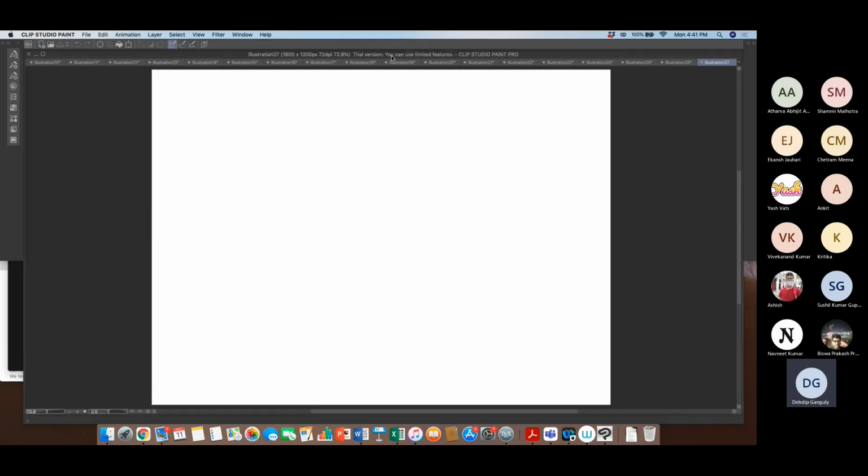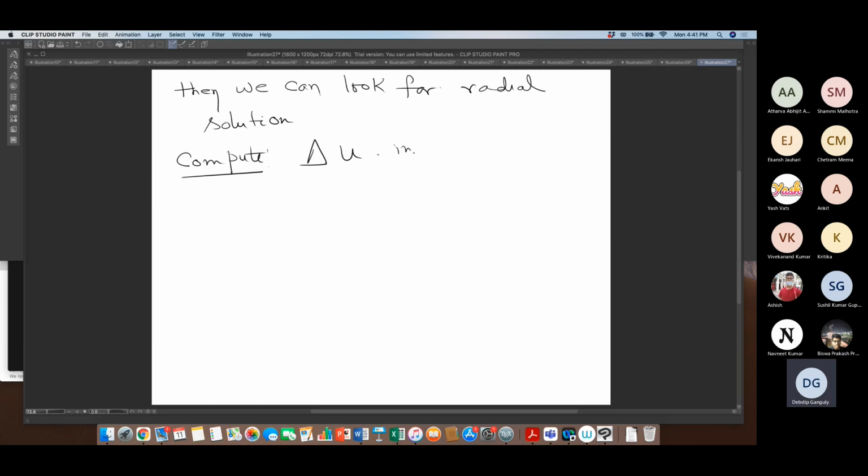Okay, let's see. Then we can look for a radial solution. Then can we compute the Laplacian of u in terms of the radial coordinate?